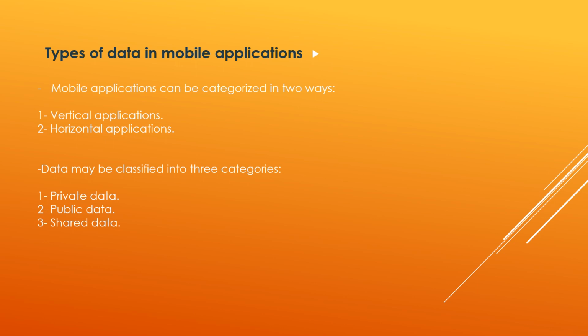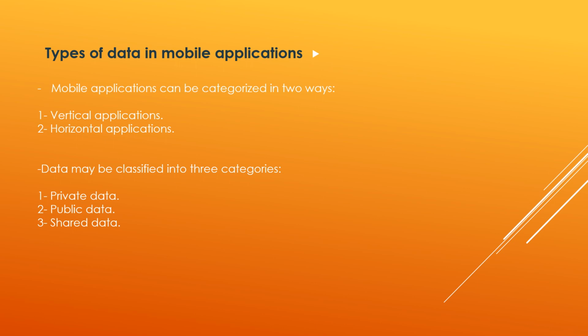Data may be classified into three categories. The first is private data, which a single user owns and manages. No other users may access it. The second one is public data. This data can be used by anyone who can read it. Only one source updates it.